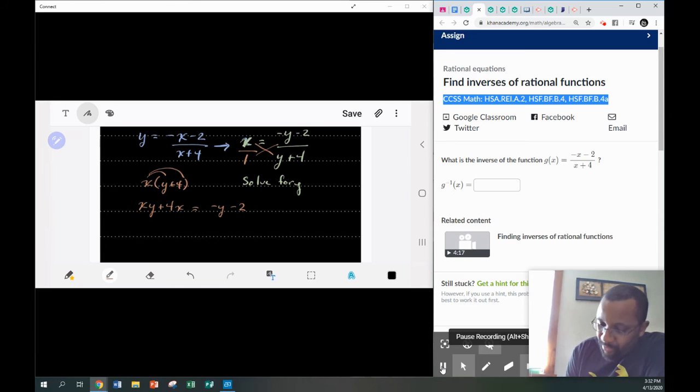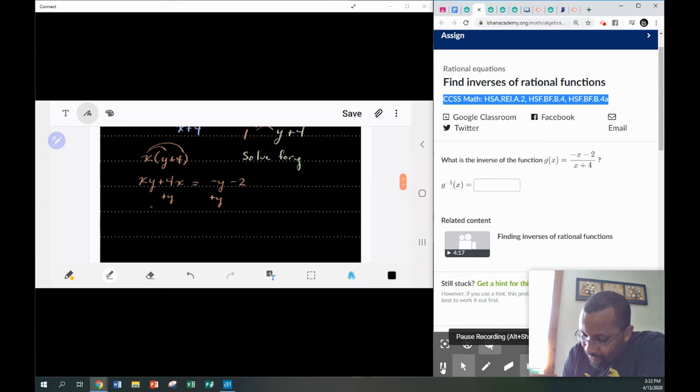So immediately, let's get our y terms onto the same side. I'm going to add y over here. So now I've got xy plus y plus 4x equals negative 2.